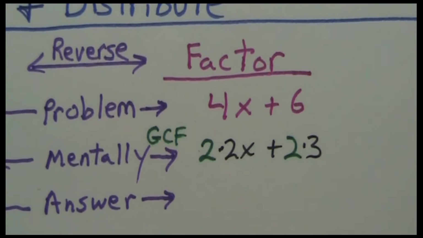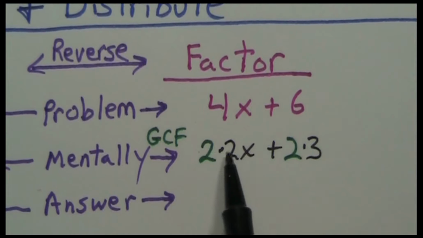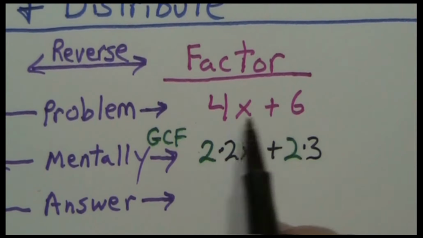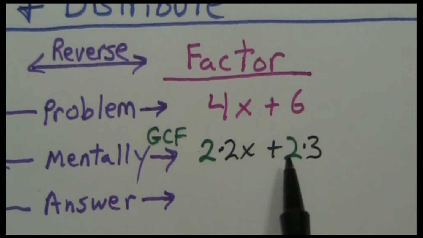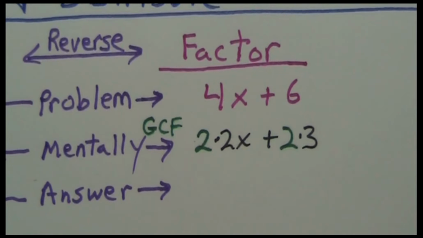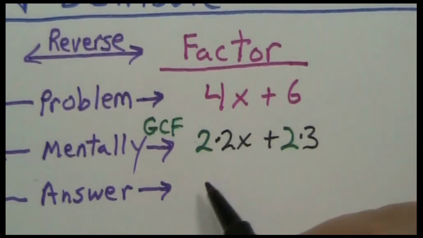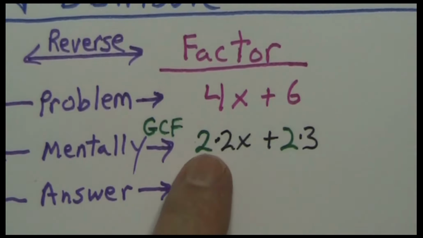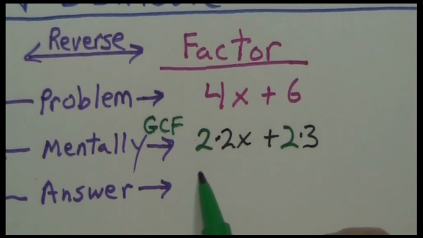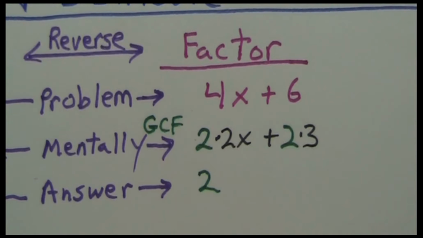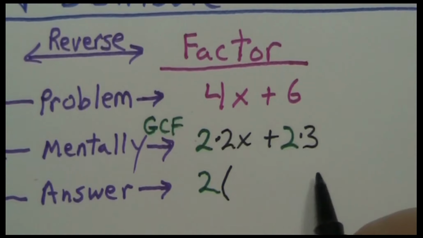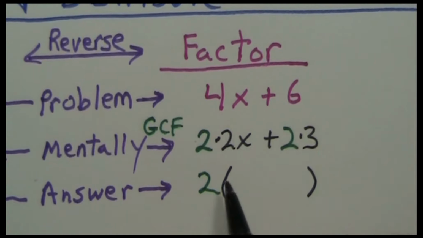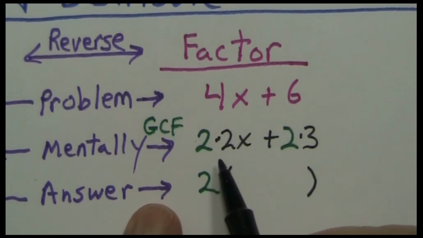Okay, now this is what we're supposed to do mentally. We find the greatest common factor. It's 2. 2 is the greatest common factor. Now this is the tricky part. I'm going to put parentheses. Well, first of all, notice that since they both have 2, I'm going to pull this out.